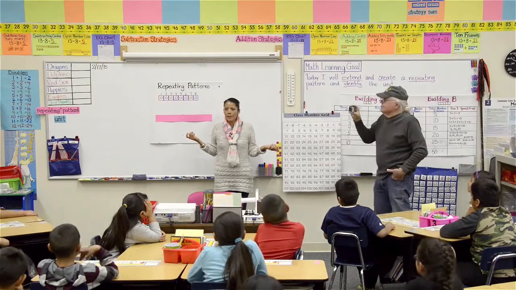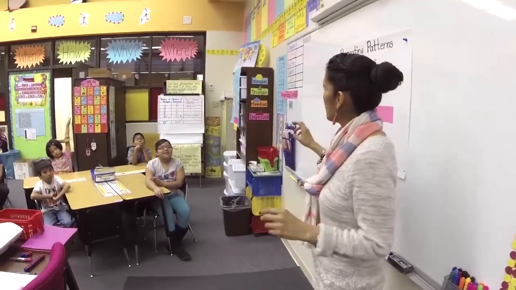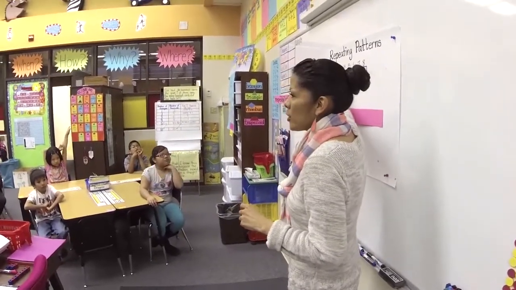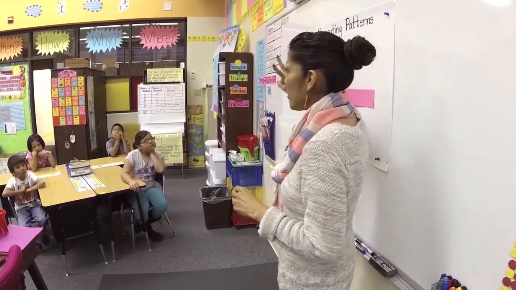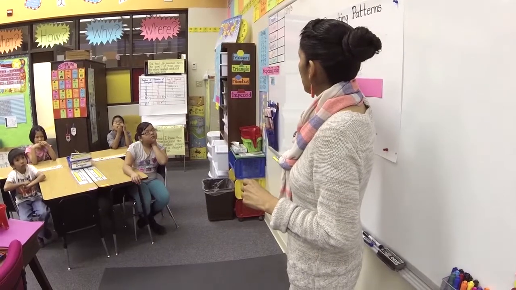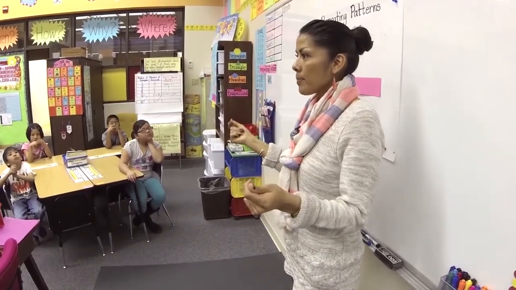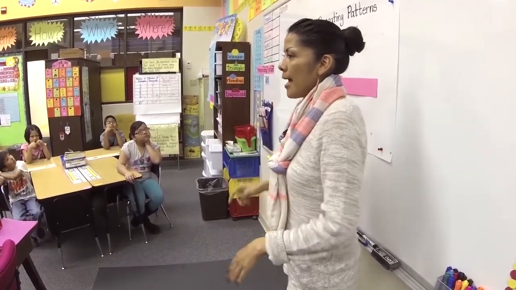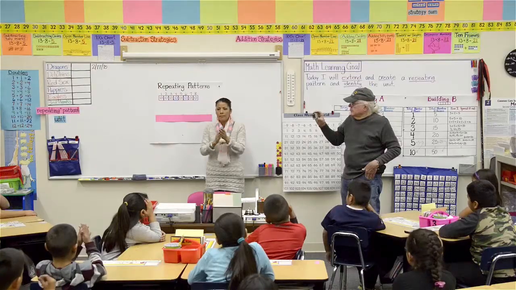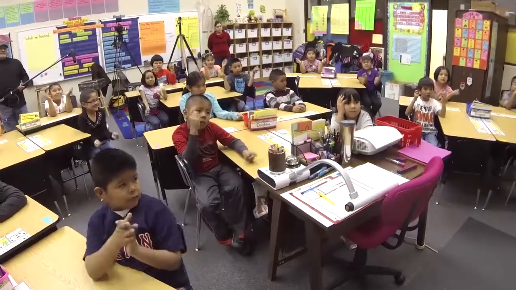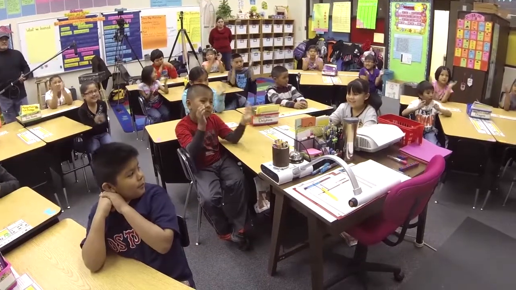Body movement pattern. So what I'm going to do is, since I have two different colors, I'm going to make a clap for my red and a snap for my blue. So we're going to make a pattern going snap, clap, snap, clap, snap, clap, snap, clap.